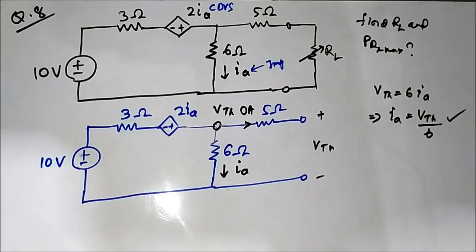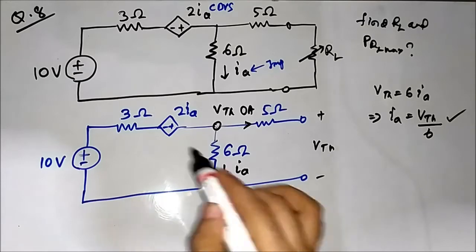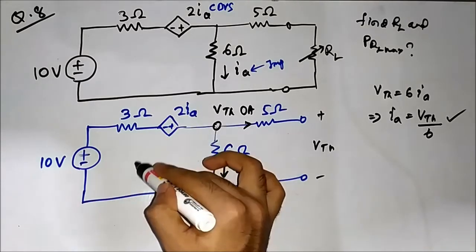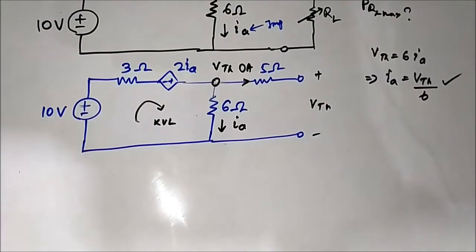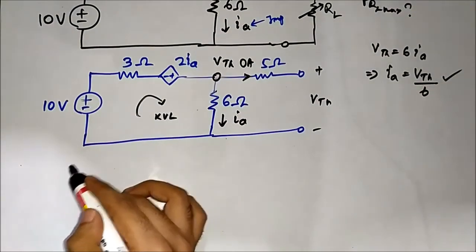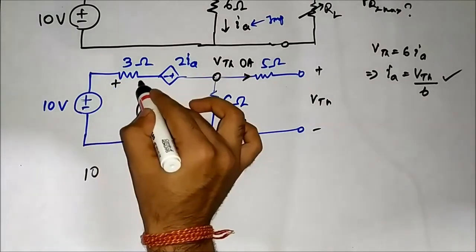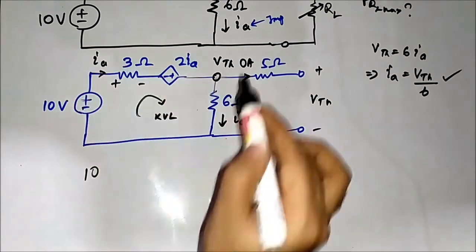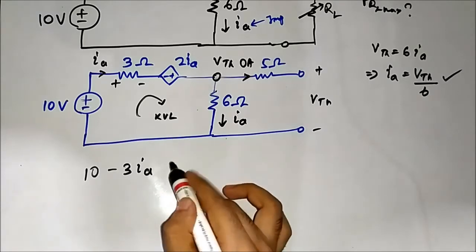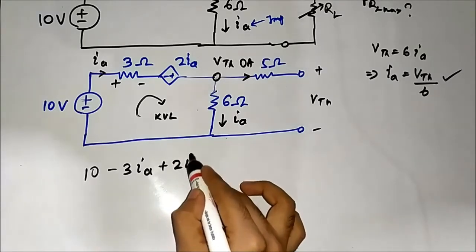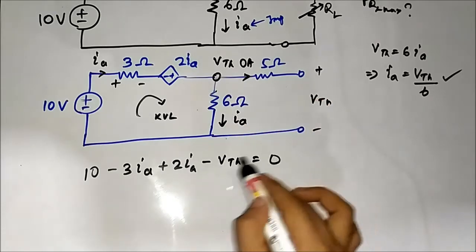This is important. Okay, now here when we apply KVL in this direction, this closed loop, we can write the KVL equation as this: 10, this is IA, minus 3IA plus 2IA minus VTH is equal to 0.